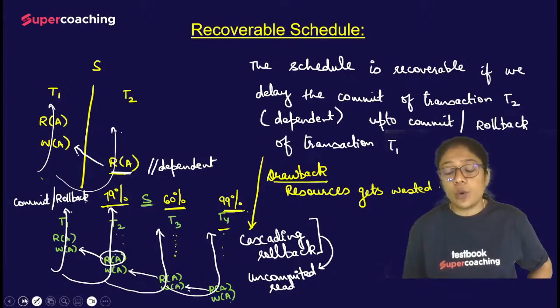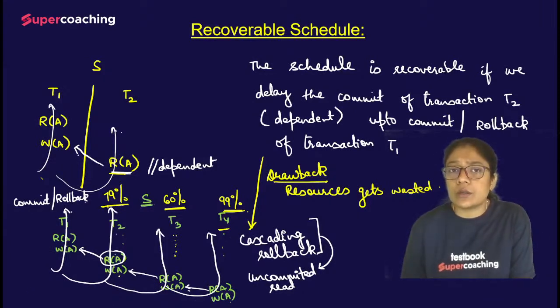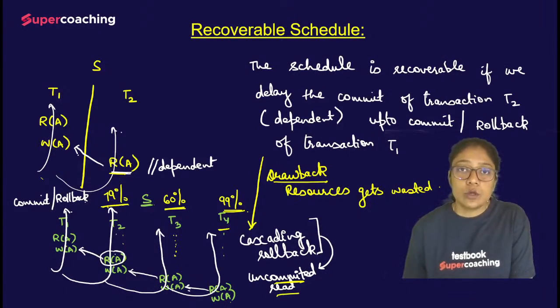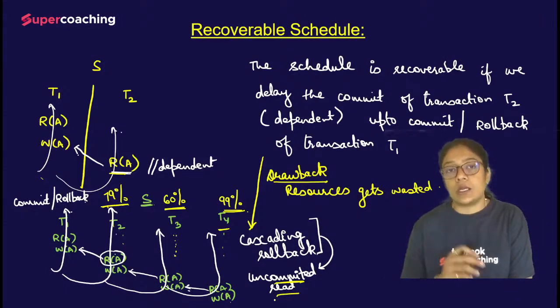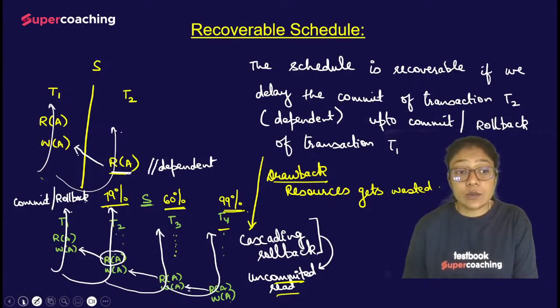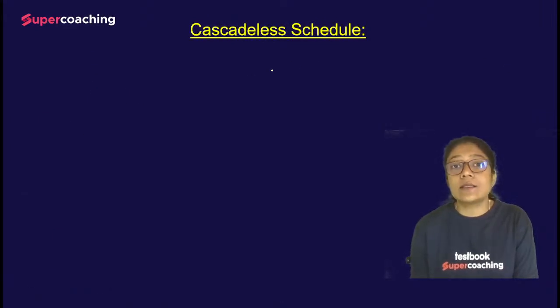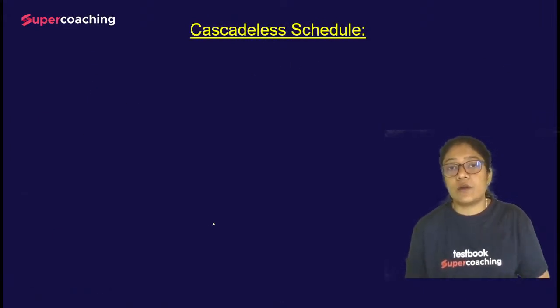So in order to overcome this problem, what is the solution? Why did this problem come up? Because we are reading some uncommitted value, an uncommitted read. So in order to overcome this, now that the problem is understood, the solution is that we will read only committed values. Correct? That is nothing but what is known as a cascadeless recoverable schedule.